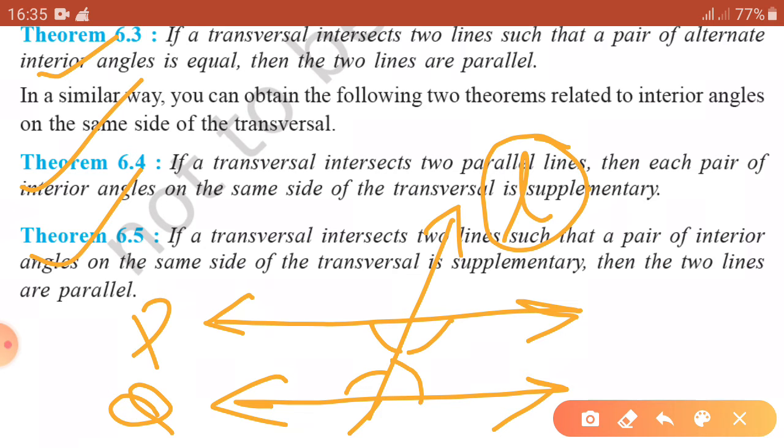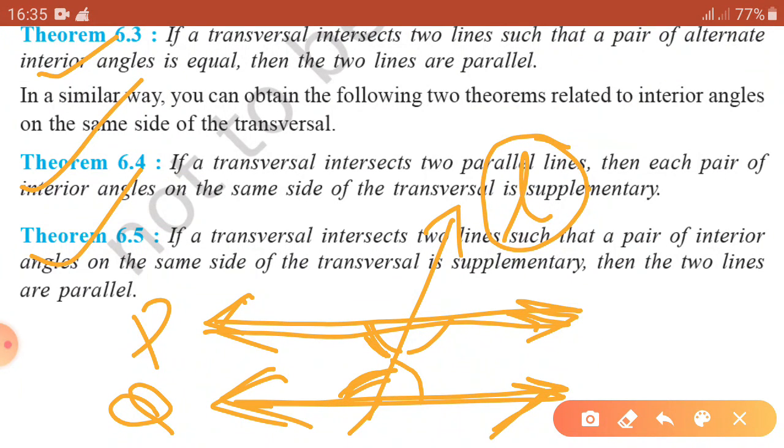It says that if this transversal L intersects these two lines such that a pair of interior angles on the same side of the transversal is supplementary, that means if angle 4 plus angle 5 is equal to 180 degrees, then we can say that the two lines, line P and line Q, are parallel. Okay, got it?